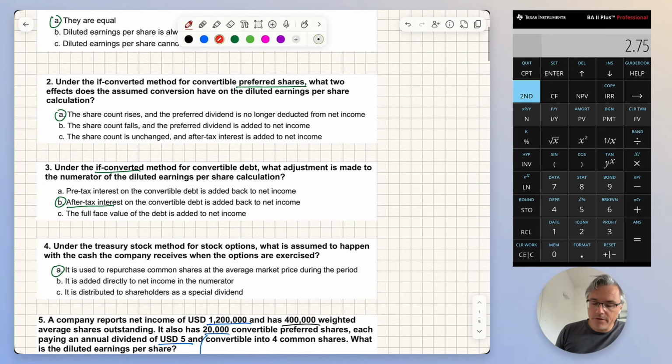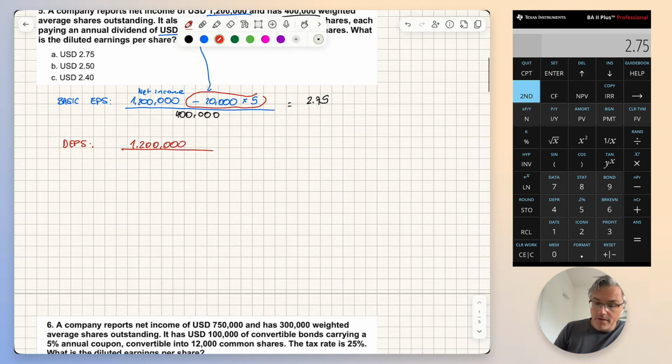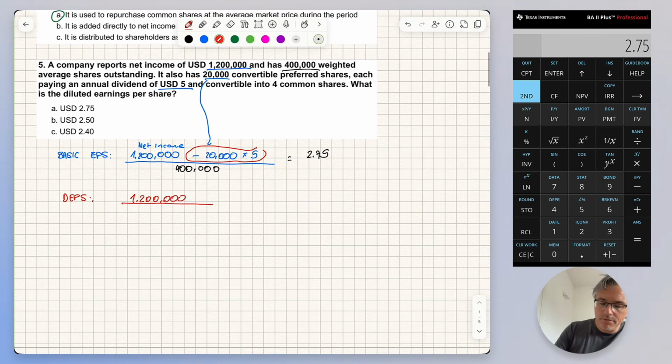Under the if-converted method for convertible preferred shares, what 2 effects does the assumed conversion have? The share count rises, that will be in the denominator, but also the preferred dividend is no longer deducted from net income. So I stopped making any deduction because I assume the preferred shares no longer exist. But in the denominator, I do absolutely make sure to increase the number of shares outstanding.